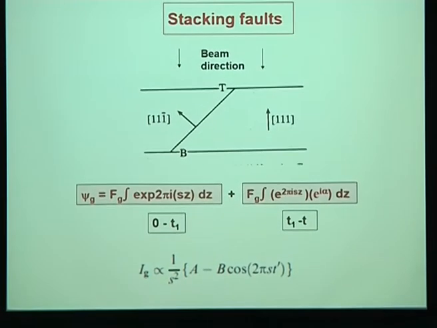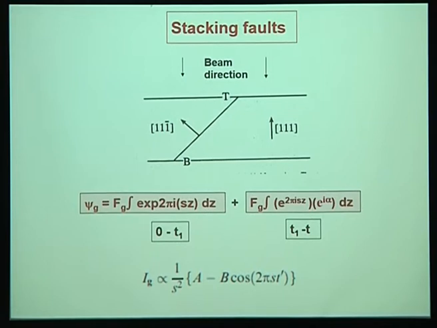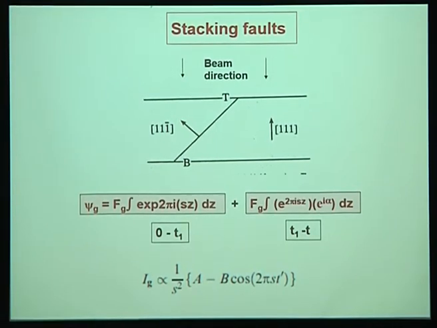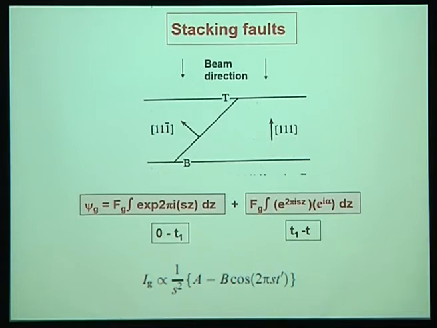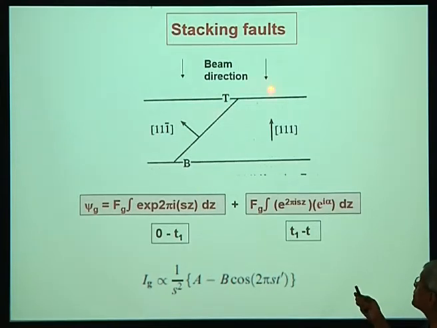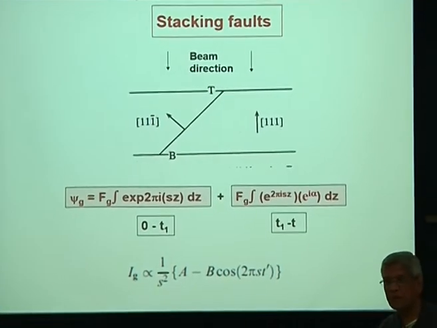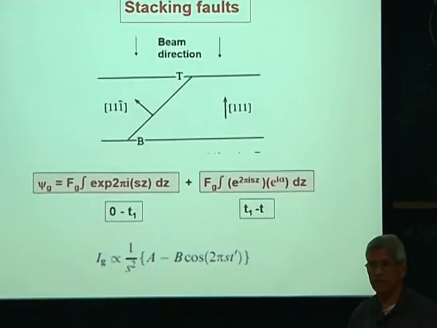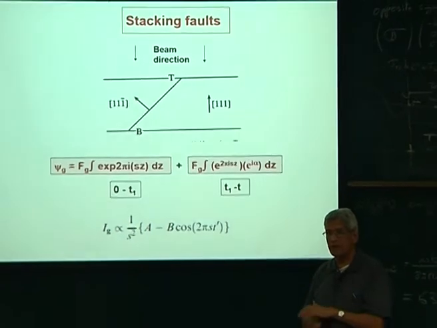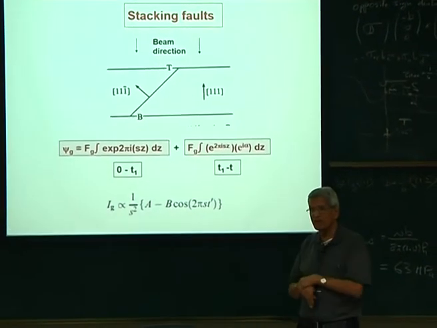Okay. Now let us come back to imaging of this. What I had given is just a summary of what Marc Fivel said yesterday about the different types of faults which can form. Now this is a thin foil in which there is a fault lying. And then we have to define a fault vector, correct? What is a fault vector?